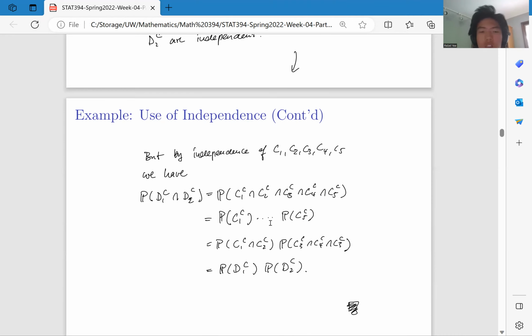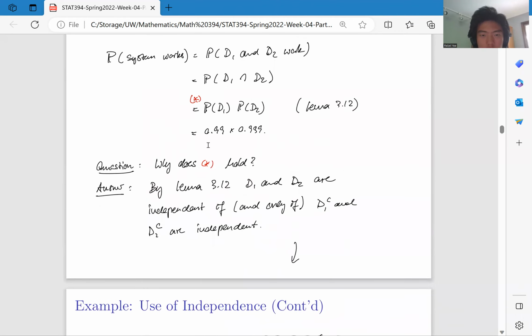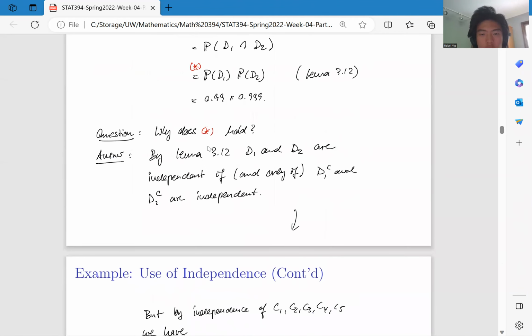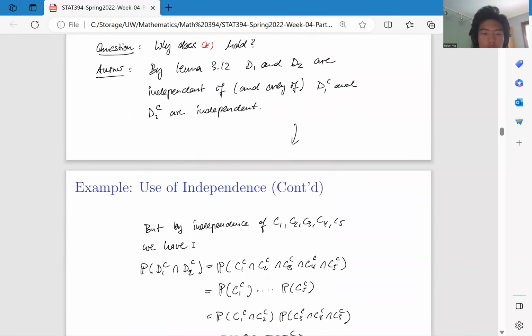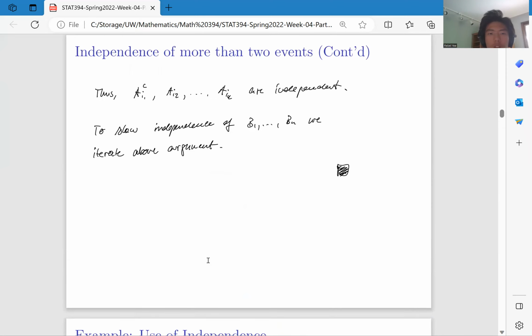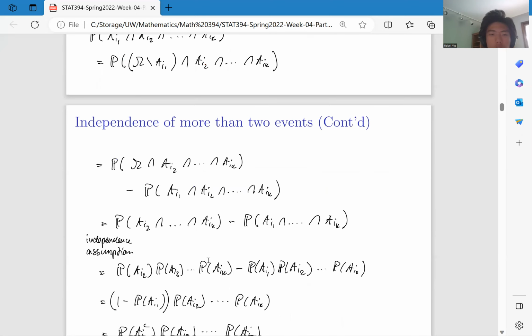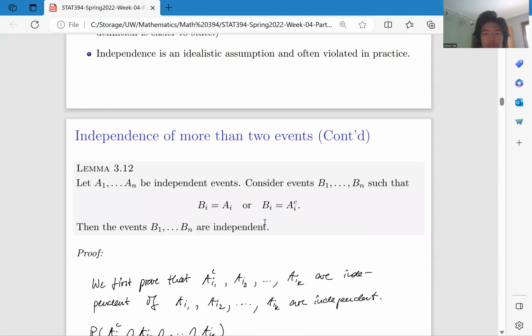So in this sense, they are actually independent. Because D1 complement and D2 complement are independent, the complement of the complement, which is D1 and D2 themselves, is also independent based on the same Lemma 3.12 here.